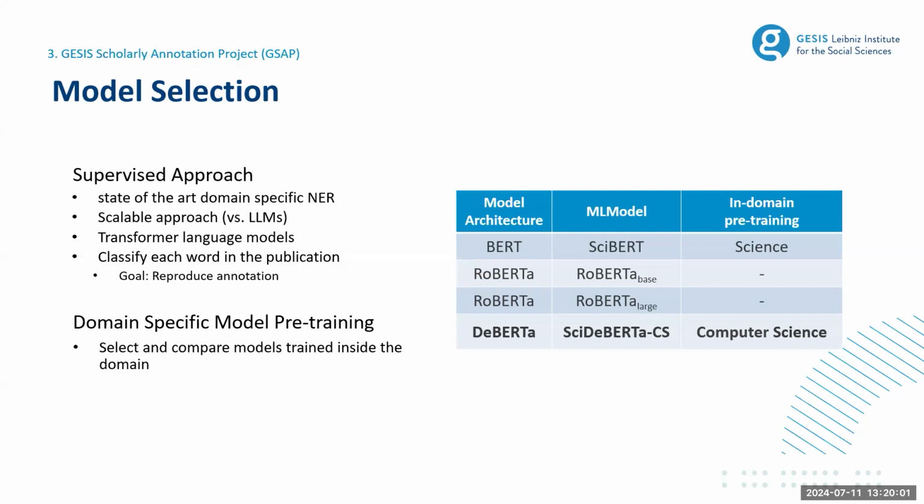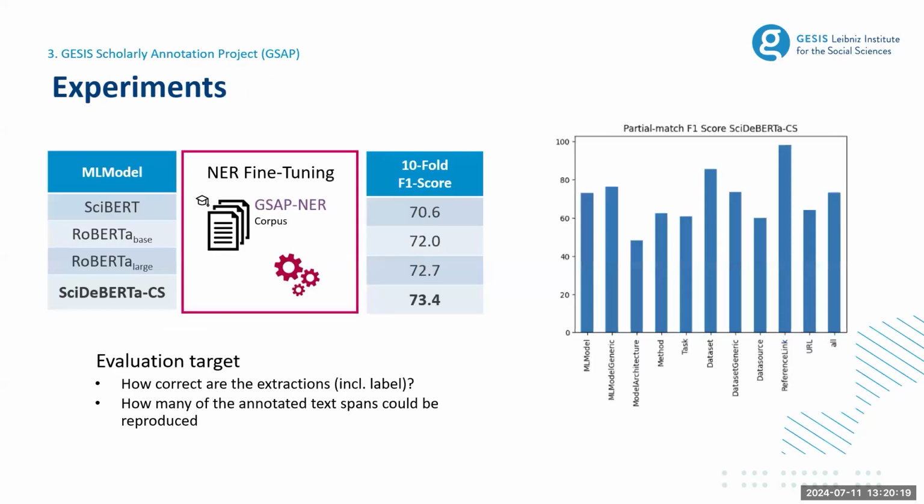We also experiment with domain-specific model pre-training, which means we start from models which are further pre-trained on research publications, and one model namely on computer science publications. And when we fine-tune those models using the task of named entity recognition, we found out that even if it's not the biggest model, CiteBERTa CS, which is additionally pre-trained on computer science publications, outperforms the much larger RoBERTa large model.